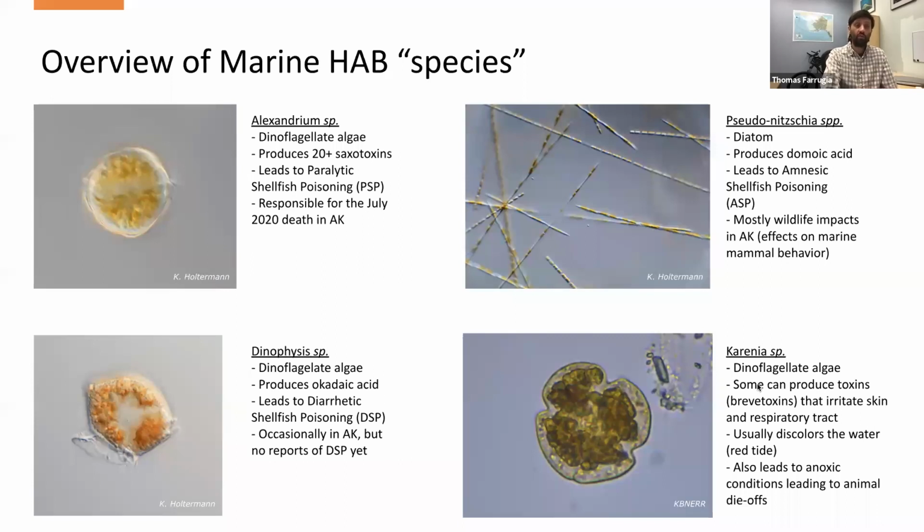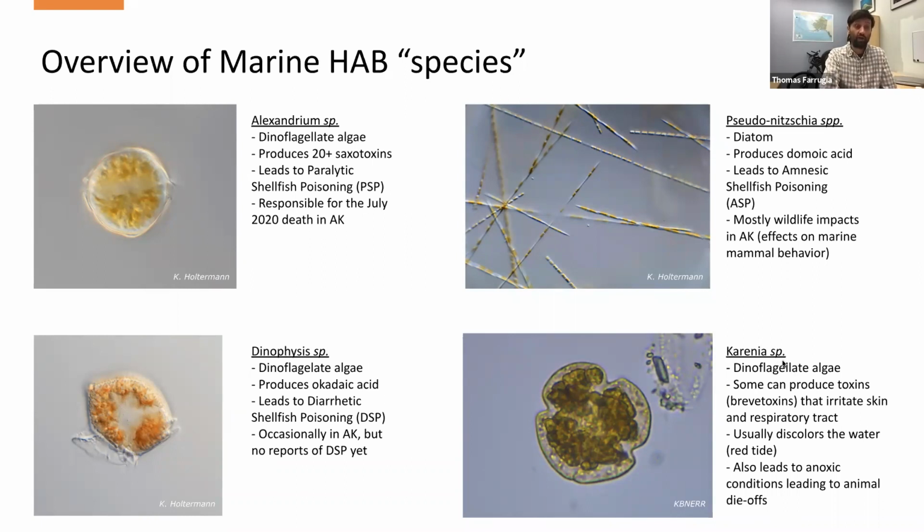And then Karenia, which we've seen a few blooms in Kachemak Bay. They haven't been harmful so much, but a Karenia bloom was detected, if you've heard, in October in Russia on the Kamchatka coast.